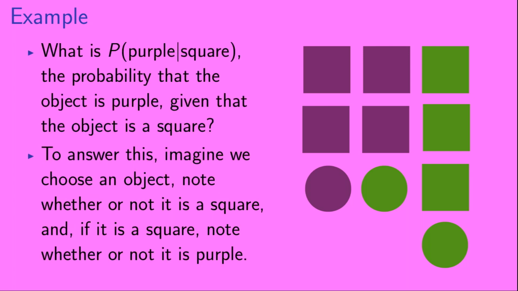So what is P of purple given square, the probability that the object is purple given that the object is a square? To answer this, imagine we choose an object, note whether or not it is a square, and if it is a square, note whether or not it is purple.